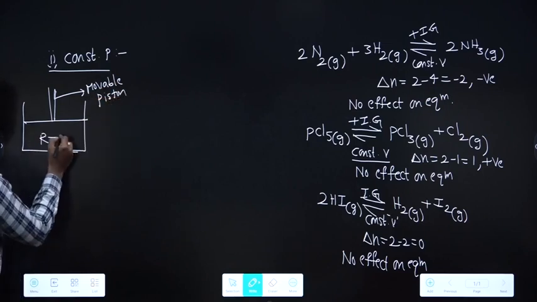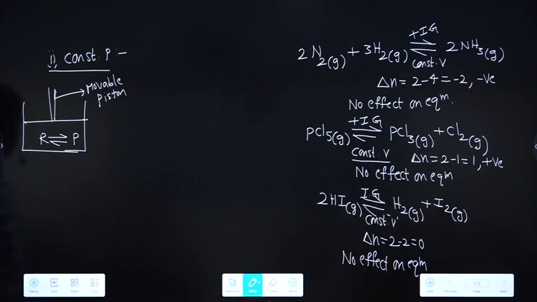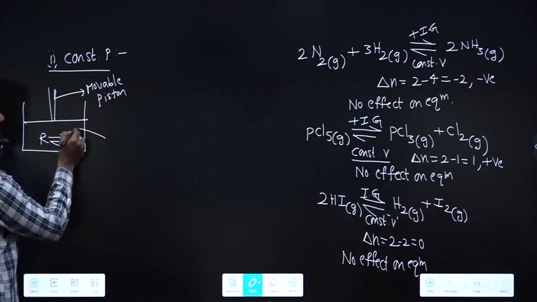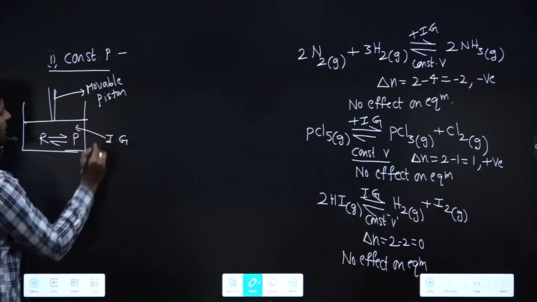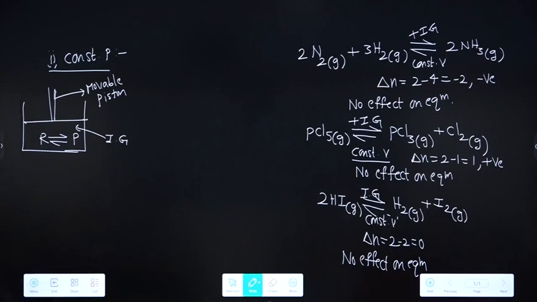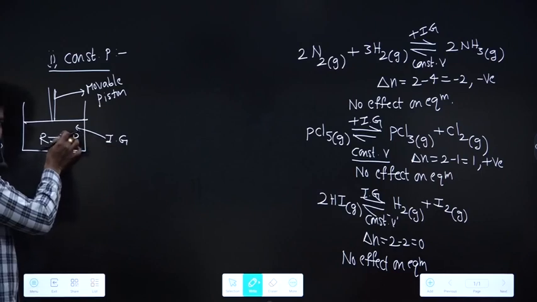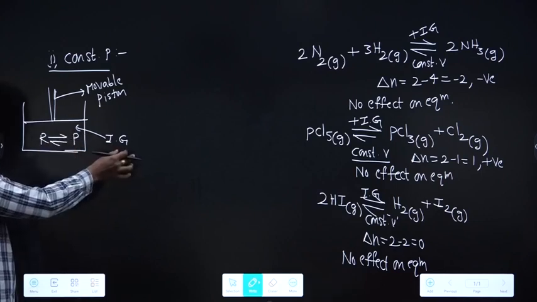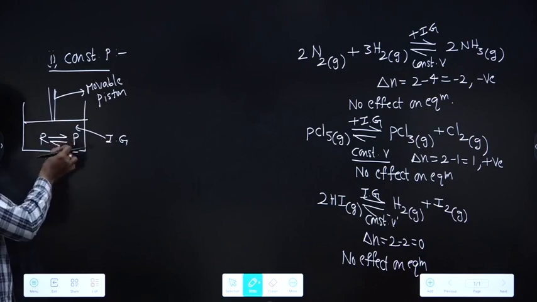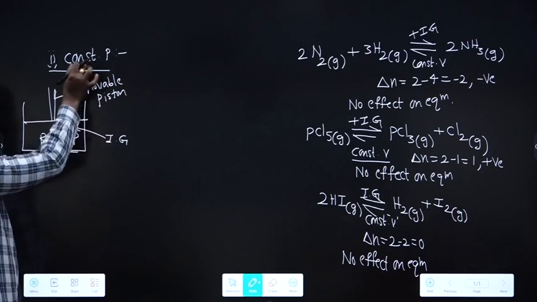Same reactants under equilibrium. To this, what we are adding? We are adding inert gas at constant pressure. Whenever we are adding inert gas to this, pressure increases or not? As we are adding inert gas, pressure increases, but it has to maintain what?